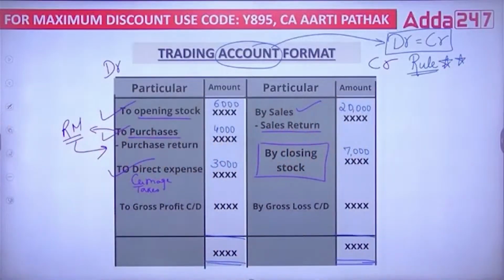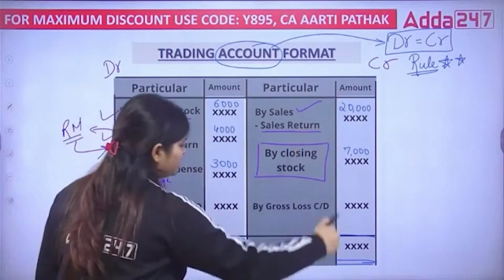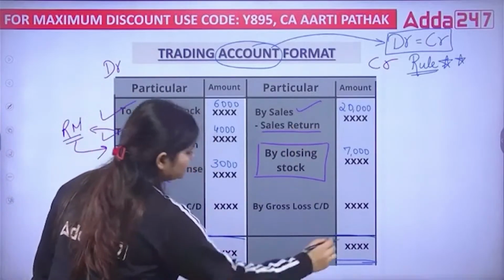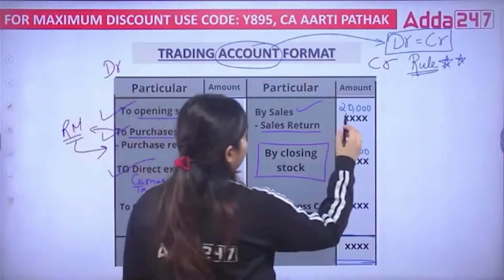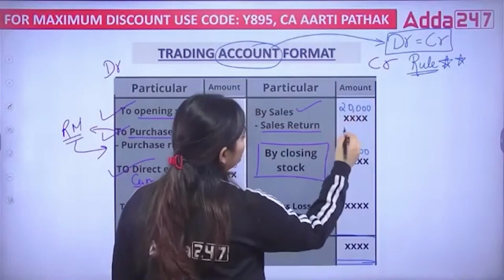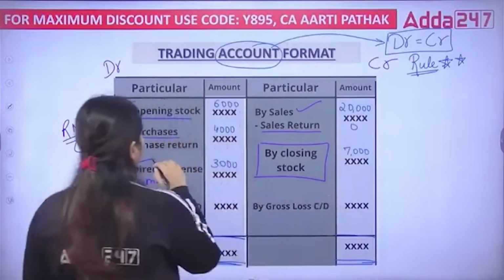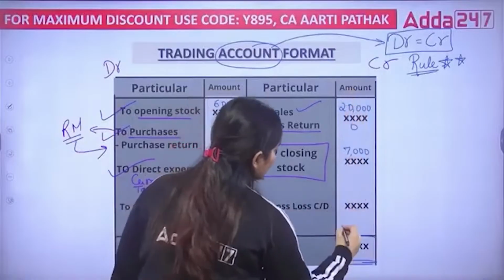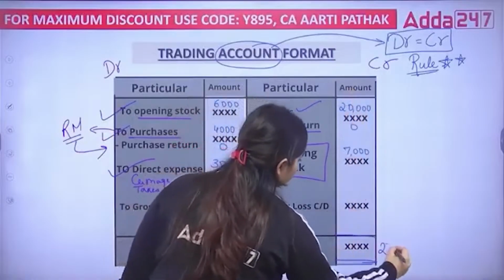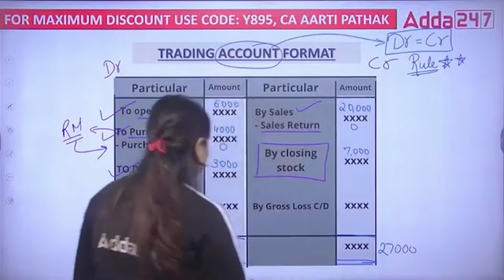So when you are closing this, both sides need to be equal. If you see this side, sales 20,000, there is no sales written on the other side, so we are not taking it. Here also no purchase is written, let's assume 0. So this side is going to be 27,000.